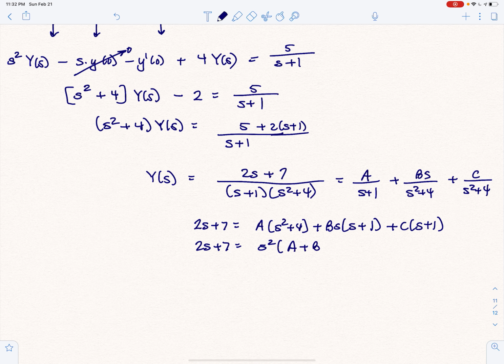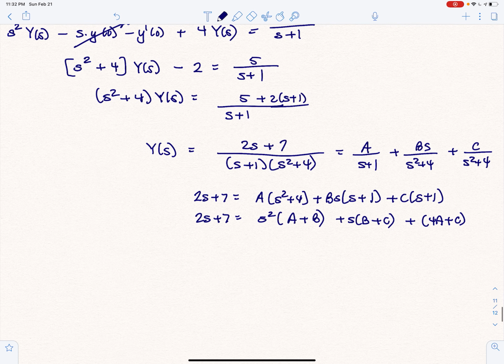So it's like A plus B. For the s terms, looks like we have a Bs times 1 and a C times s. This is a very interesting looking system. And for the constant, we have 4A plus C. So this means that A plus B is equal to 0. B plus C is equal to 2. And 4A plus C is equal to 7.